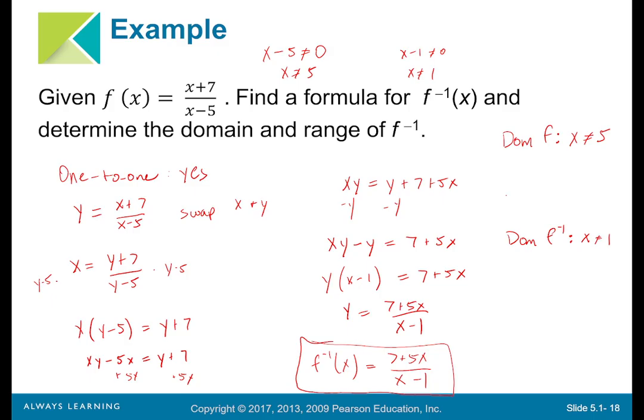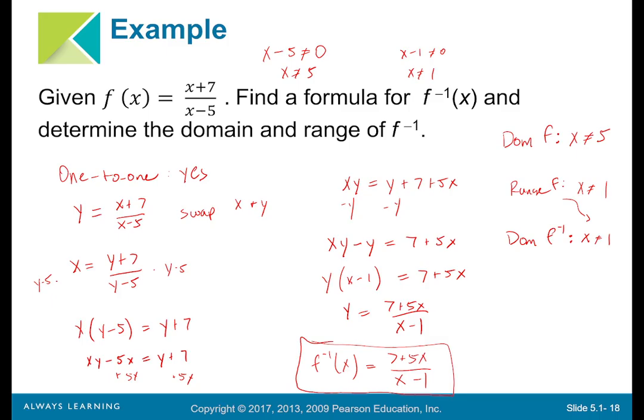Well, then that makes the range of f really easy to find, because now I know the range of f is the same as the domain of f inverse. It comes from right there. It's x does not equal 1. Normally, we would have to look at the graph and try to pick up what our range looks like.